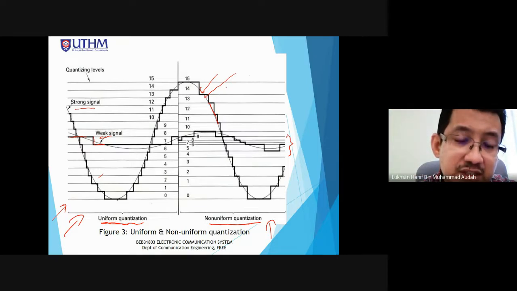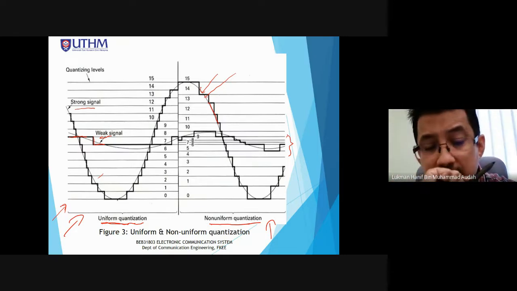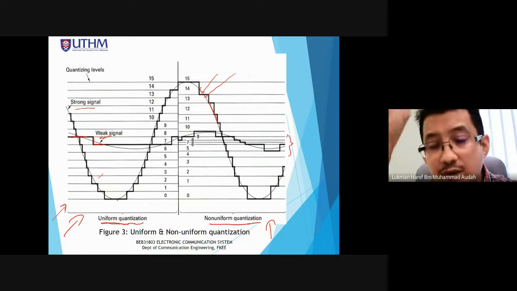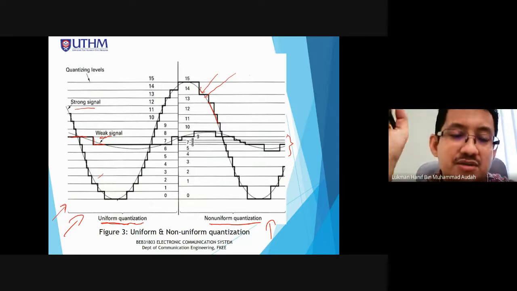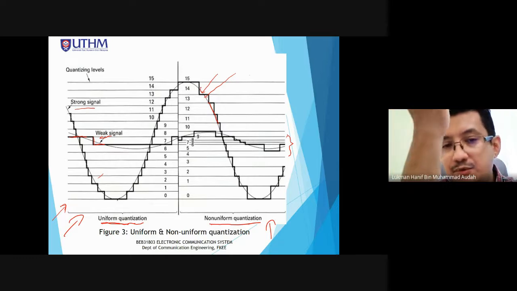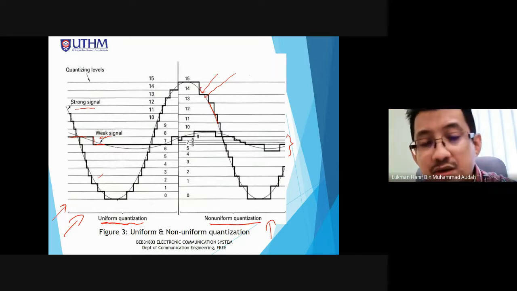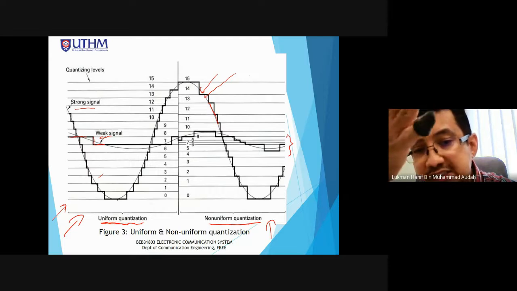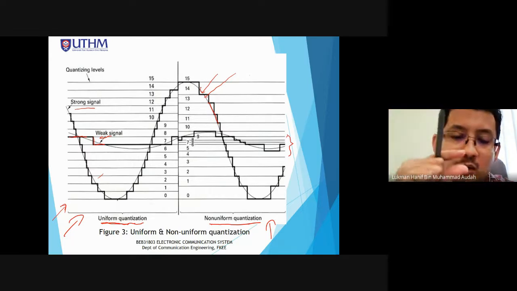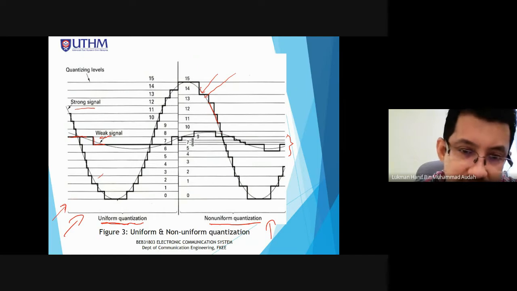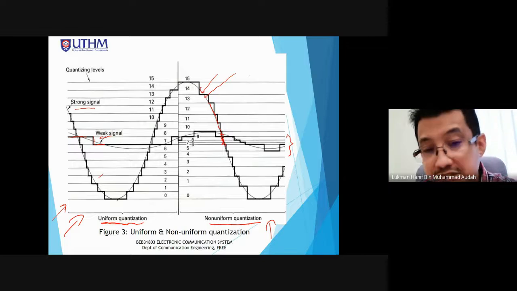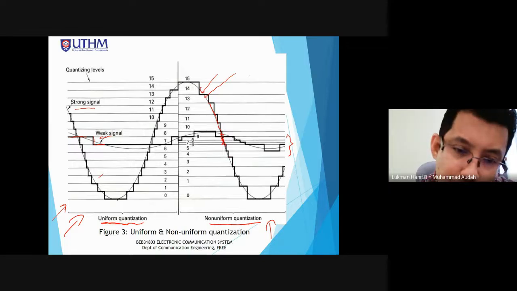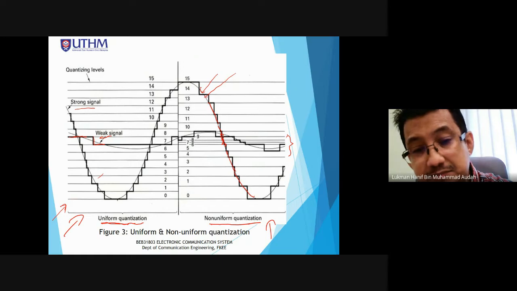So ini saya nak cerita tentang strong signal. Maknanya strong signal ini dia bukan sentiasa strong at all time. That means dia ada mengalami perubahan dari segi dia punya slopes dan sebagainya. So untuk slopes that is more steeper, we need more quantization levels. Itu sebabnya you lihat di sini pada slope yang paling curam memerlukan banyak levels berbanding dengan slope yang landai seperti ini kita kurangkan dia punya step size.